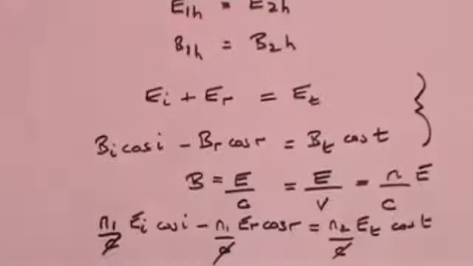So now I'm going to rewrite that equation so that you can see it. There it is again: n1 E_I cos I minus n1 E_R cos R equals n2 E_T cos T.